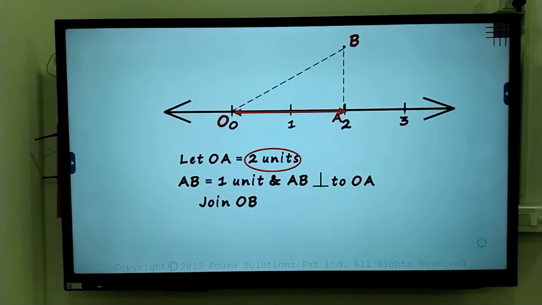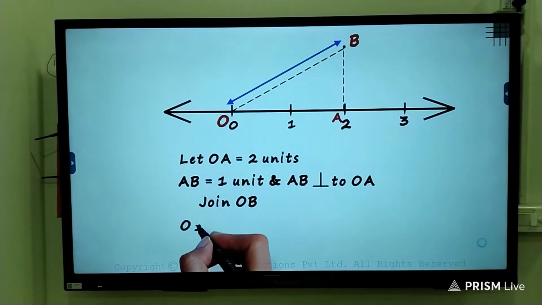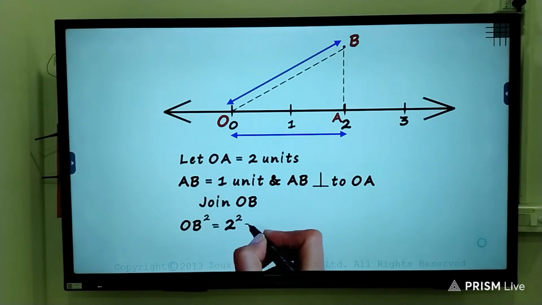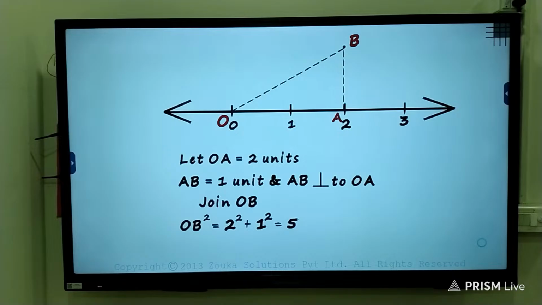This length is 2 units and this length is 1 unit. Using the Pythagoras theorem, we can find this length. We can say that OB squared equals 2 squared plus 1 squared, which equals 5 units. Taking the square root on both sides, we get OB equals root 5 units. This length equals root 5 units.